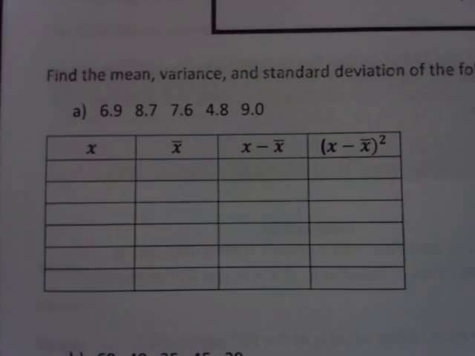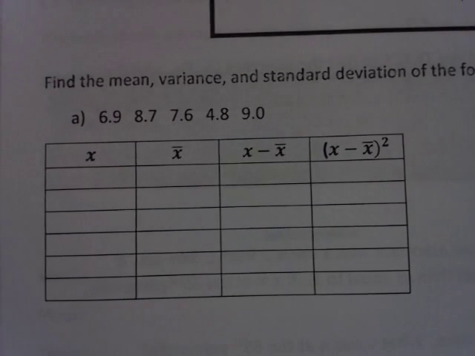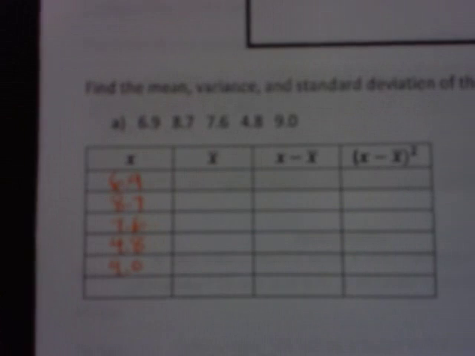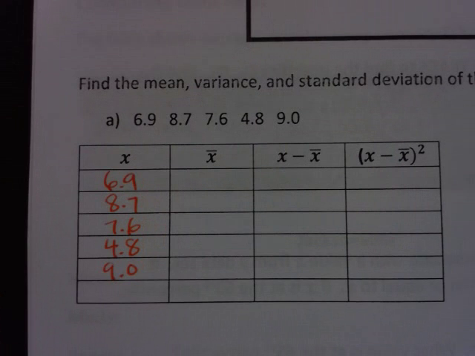We've broken it up into these little charts to hopefully be a little helpful. So I'm going to start by listing all of my x values: 6.9, 8.7, 7.6, 0.8, 9.0. Then we need to find the average.